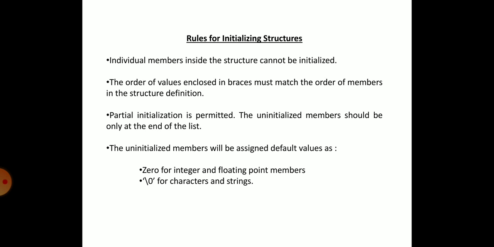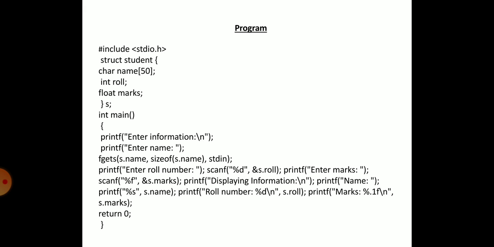For example, if it is an integer variable, 0 will be assigned, and for floating point numbers also, 0 will be assigned to the corresponding variables. And for characters and string variables, a null character will be assigned. That is the case for uninitialized or partially initialized structure variables.